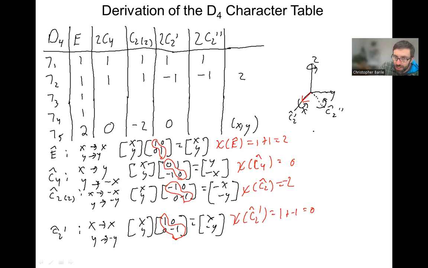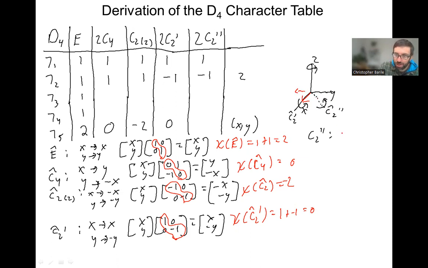And our last one is a C2 double prime. And that is this one going kind of in between, right? Bisecting. So what's that going to do? If we wrote it this way, and we have this arrow pointing here, that's going to flip this off axis here to actually go into -y.